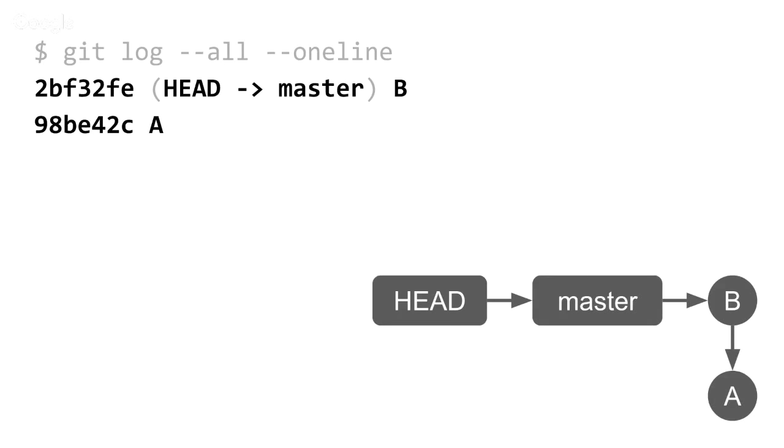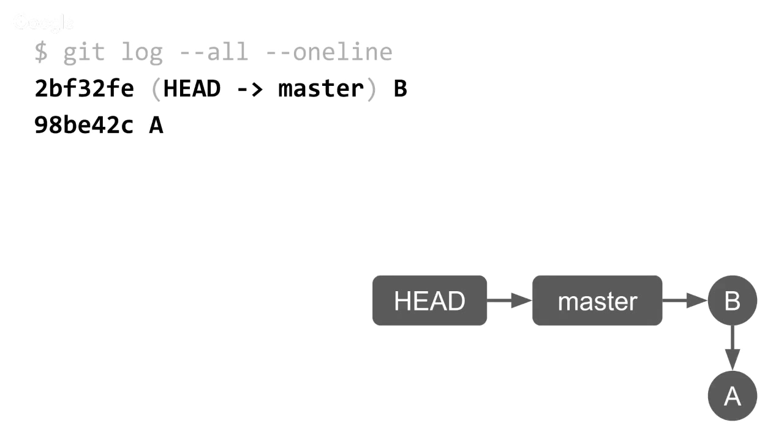And what we can see now in our picture is that we can say that branch master contains commit A and B. We can have different mental images or representations of that.